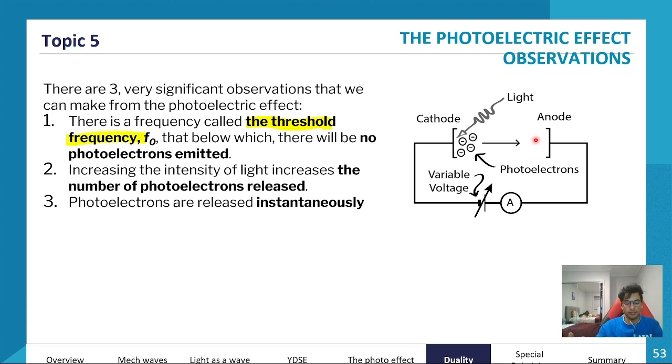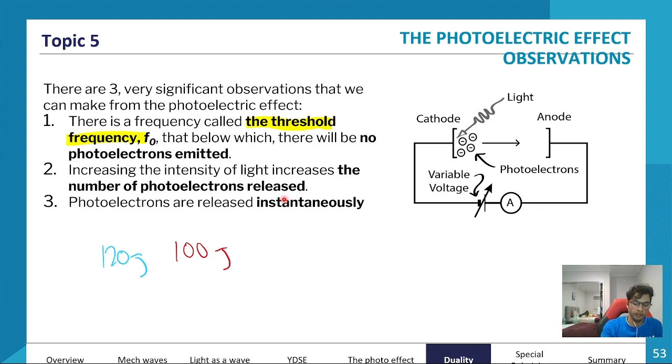If your light has less than 100 joules, let's say 90 joules of energy, it doesn't matter how much light of 90 joules you put in, since it's lower than the threshold, there's going to be no electrons emitted and no current. If you want to create current, you have to shine a light that has a greater frequency than the threshold frequency. So you need light that has 120 joules of energy.